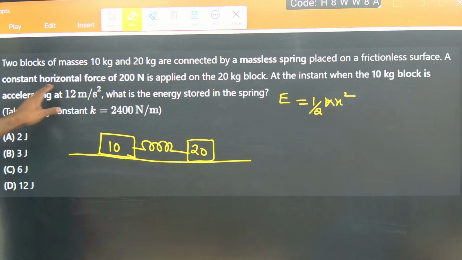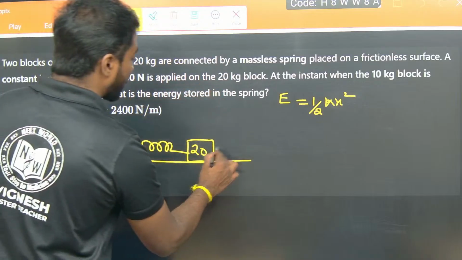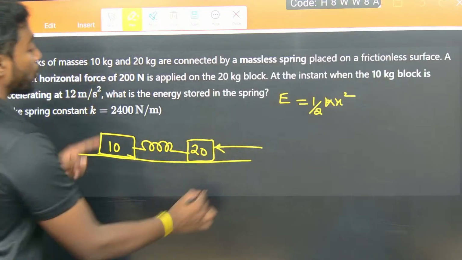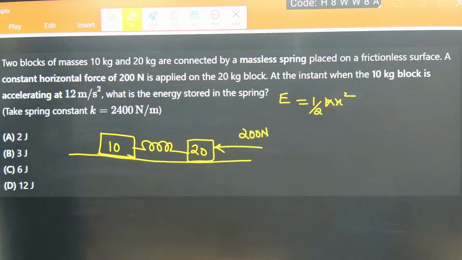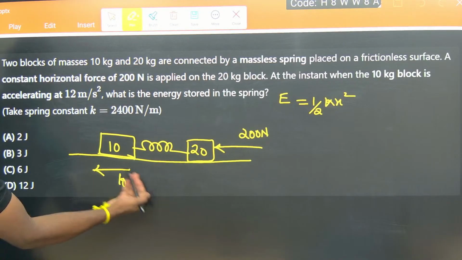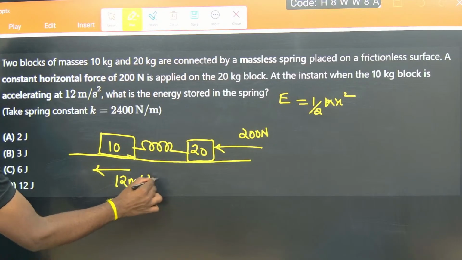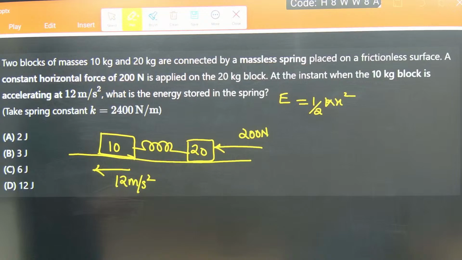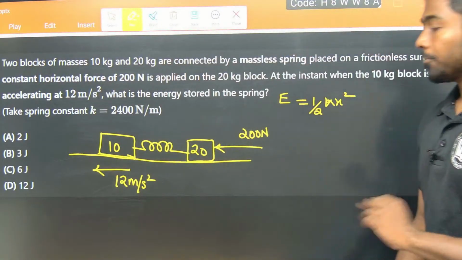A constant horizontal force of 200 Newton is applied on the 20 kg block. At the instant when the 10 kg block is accelerating at 12 meter per second square, what is the energy stored? Understood? So we have drawn the diagram whatever they have given.